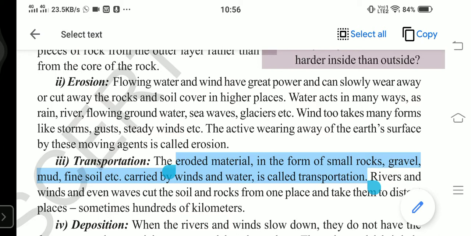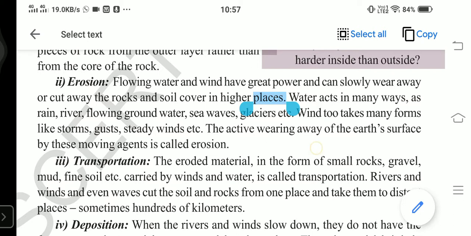What are those eroded materials? Small rocks and gravels, some round-shaped stones, some mud which is somewhat different in shape compared to the fine soil that will also be there on the earth's crust. All these different forms carried by wind and water is called transportation.